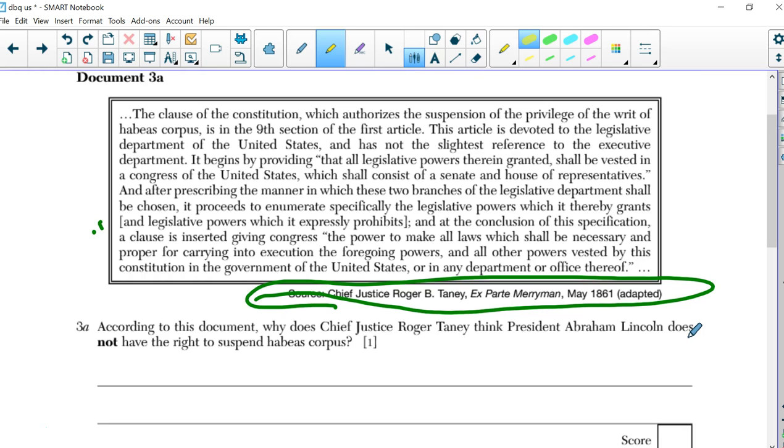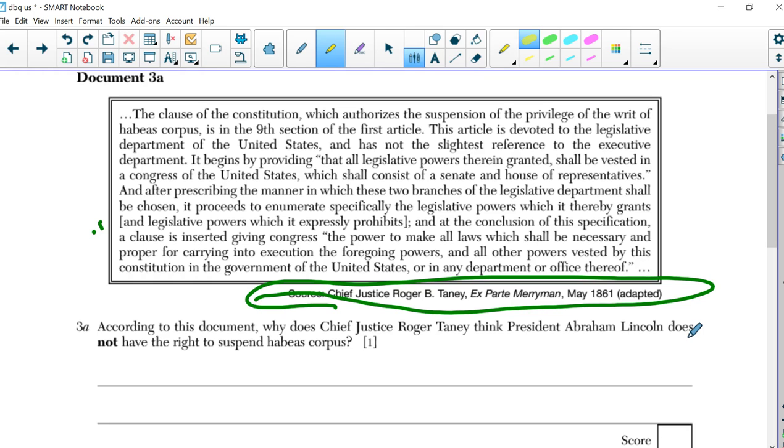And at the conclusion of this specification, a clause is inserted giving Congress the power to make all laws which shall be necessary and proper for carrying into execution the foregoing powers and all other powers vested by this Constitution in the government of the United States, or in any department or office thereof.